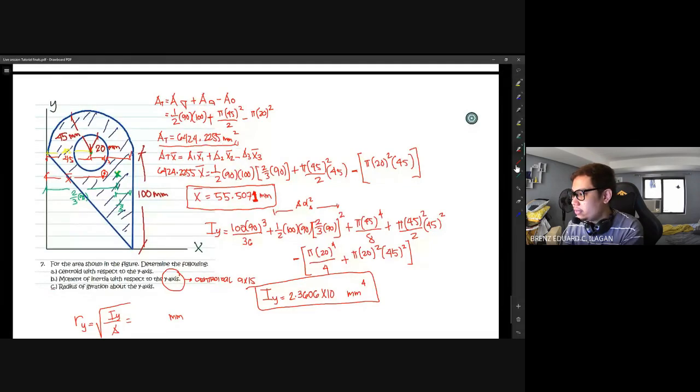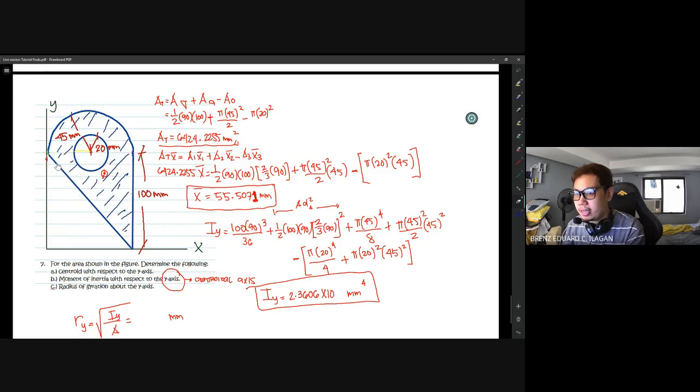So guys, ano ba yung difference ng sagot kapag with respect to sa centroidal y-axis? So para hindi naman sayang yung kinompute natin. So with respect to sa centroidal, pala binura yan. Ayan.